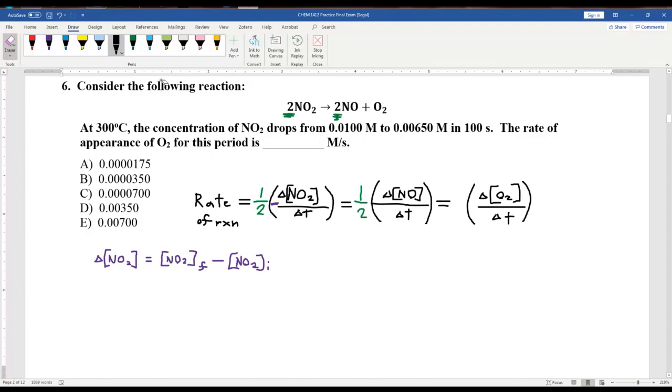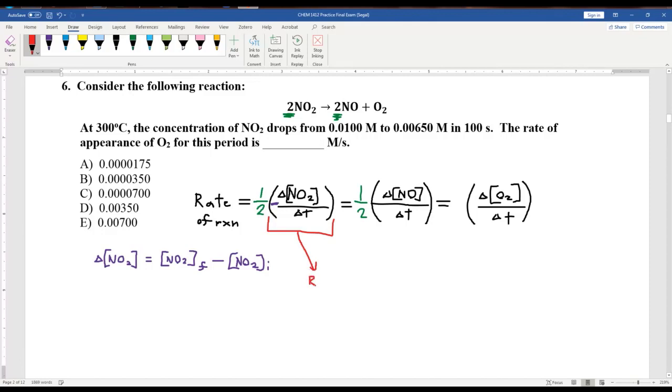So those are 3 expressions for the rate of reaction. Now, one of the things you would want to note here is that if we're looking at individual pieces, I can classify this part here, this negative delta NO2 over delta T. This actually gets a special name.